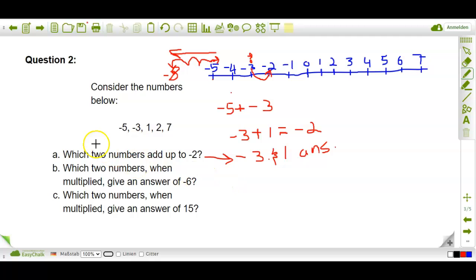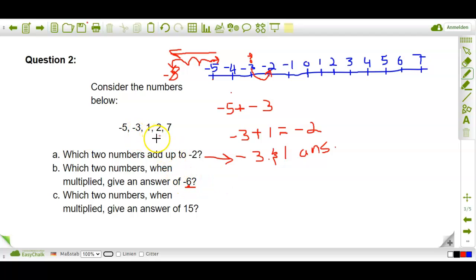In the set of numbers here, we have -3, we have 2, we have 1, but we do not have 6. So we know it must be 3 and 2, and one of them has to be negative for us to get a negative result, because when you multiply two integers that are of different signs, the answer would always be negative.